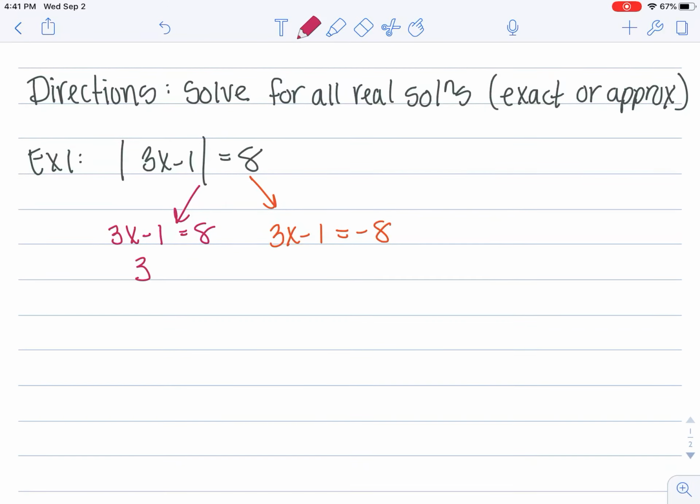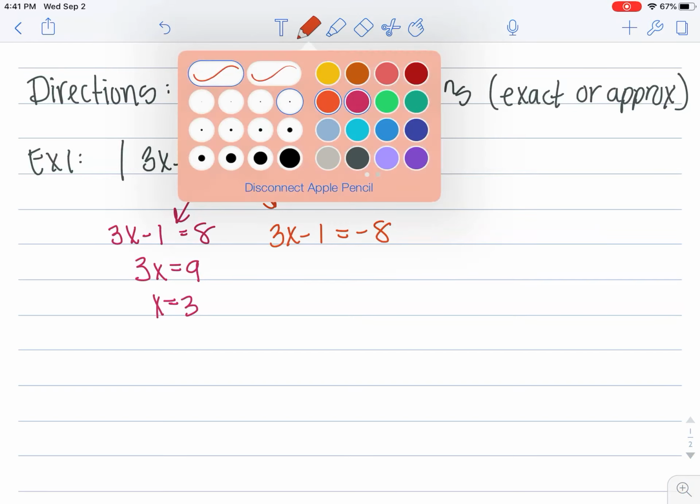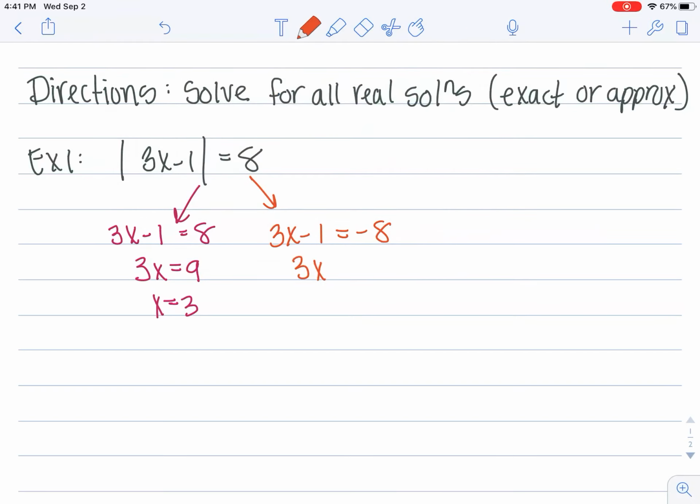So adding 1, dividing by 3. And then same thing on the right side, adding 1, dividing by 3, so negative 7/3, okay? Plugging this back in for the x spot, I realize that the left side does equal 8, okay?